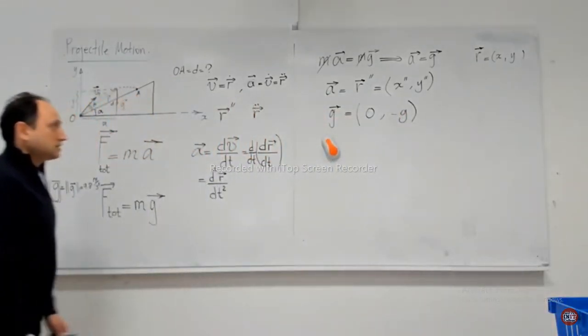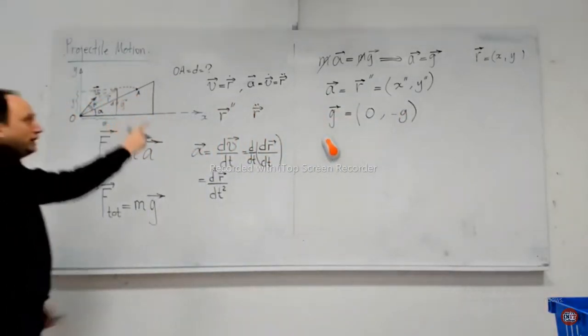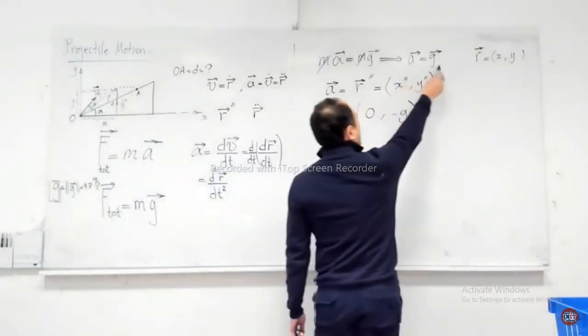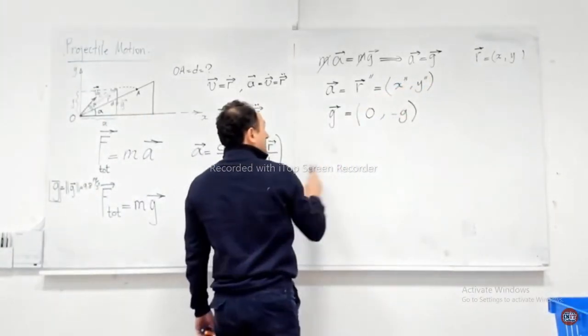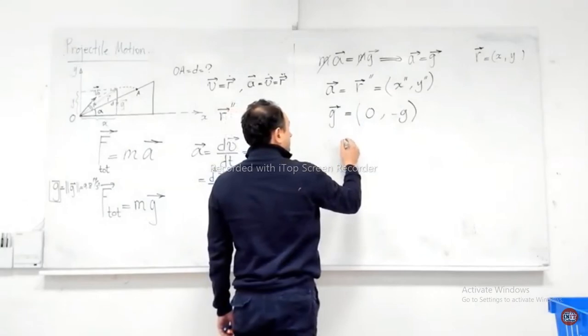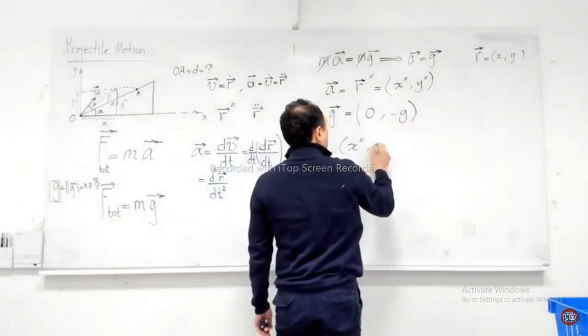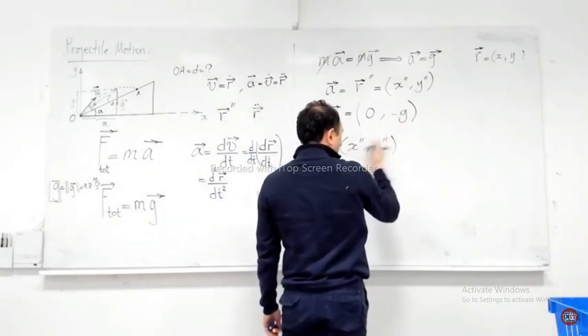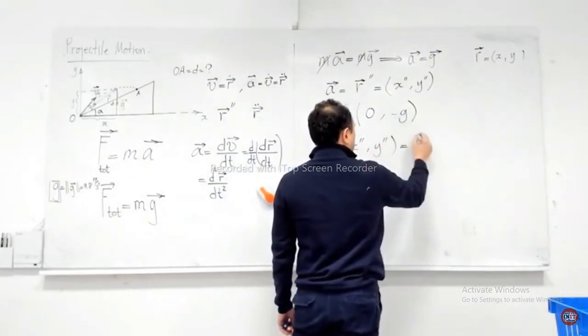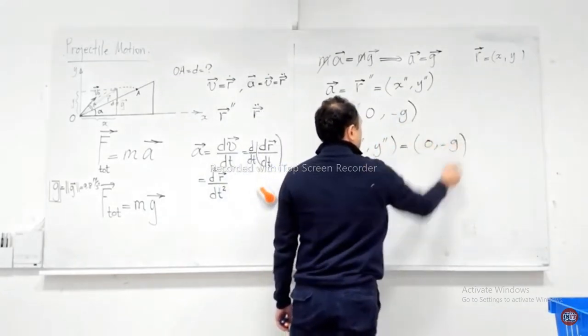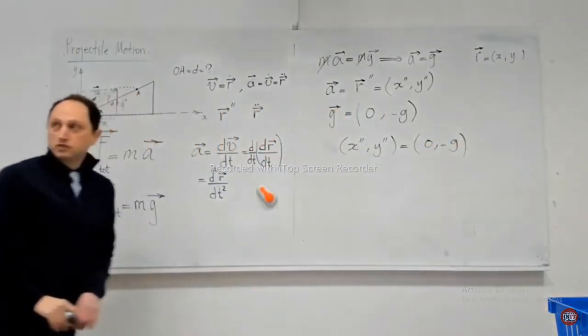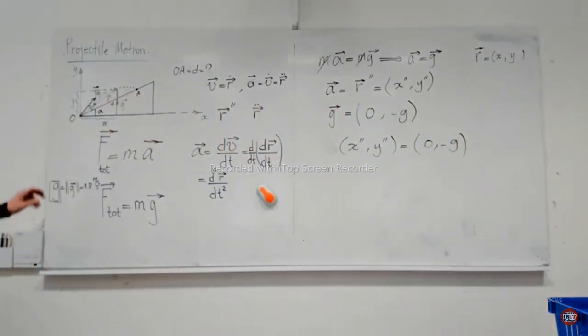So that is it. And then I equate these two vectors coming from Newton's second law, yes? So what happens is this. I have x double prime, y double prime is equal to 0 and minus G. As simple as that. You see that I started from Newton's second law. I want you to see the connection.